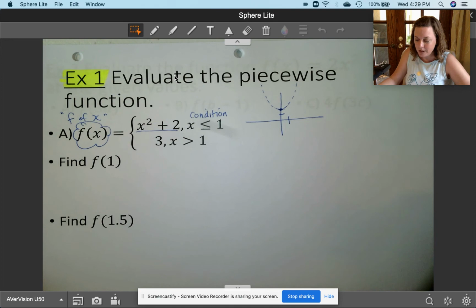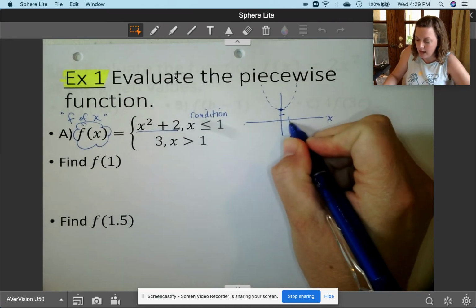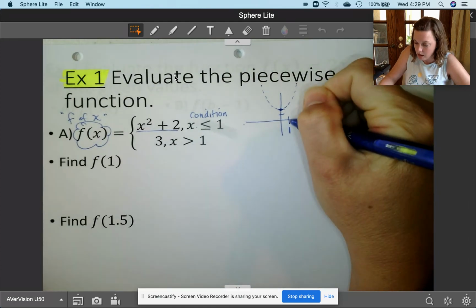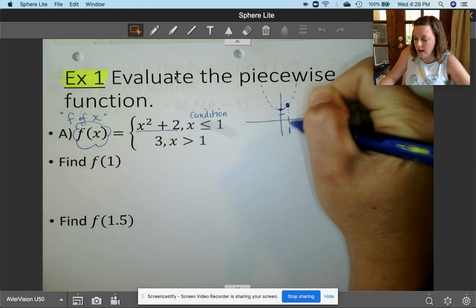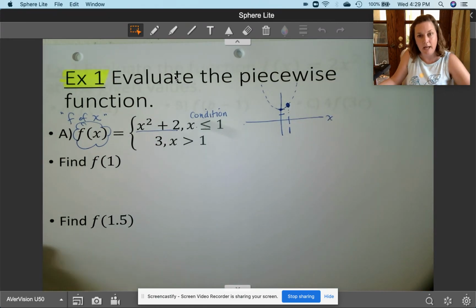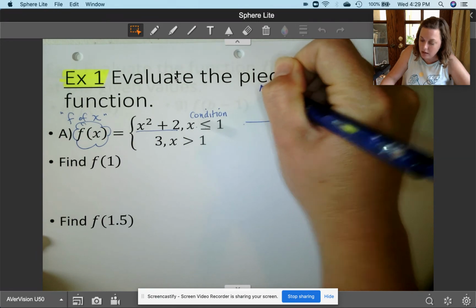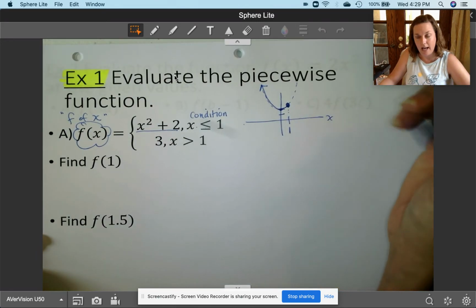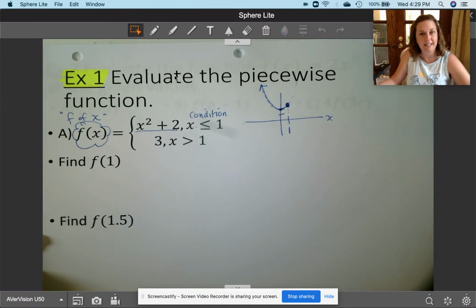But we only want to see the parabola for values on the x-axis that are less than or equal to 1. So right here, where our parabola has an output when x is 1, we want to see everything to the left of that x value, which means I don't care about the stuff on the right, hence the eraser. Gotta love the eraser.